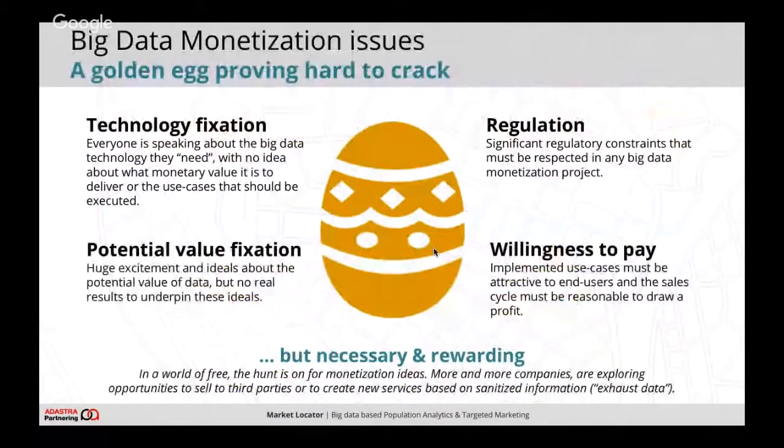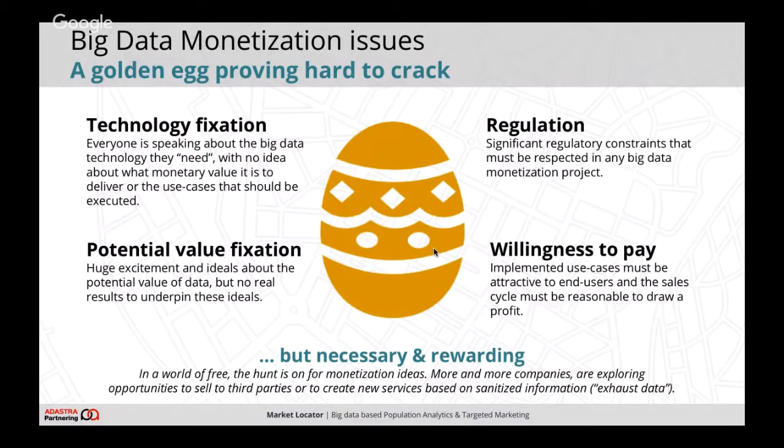So there are a number of issues in getting to the top of the pyramid, to really reap the benefits of data and bring in new revenue from it. The first problem is that there's a strong technology fixation. Everyone is saying what sort of big data technologies they need.